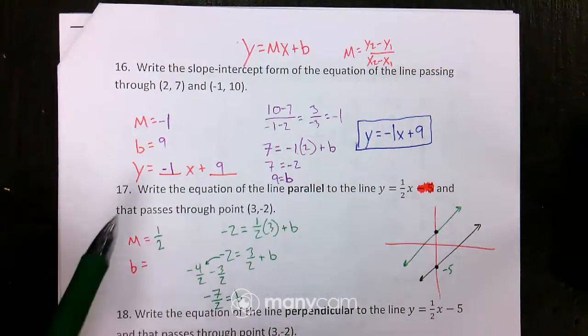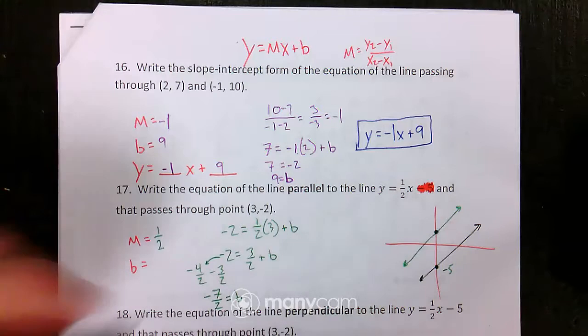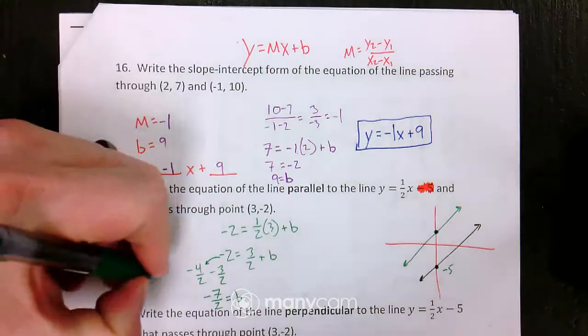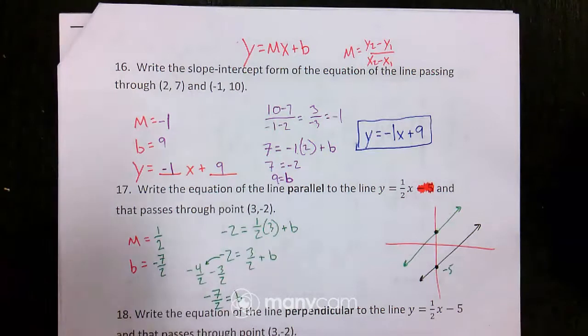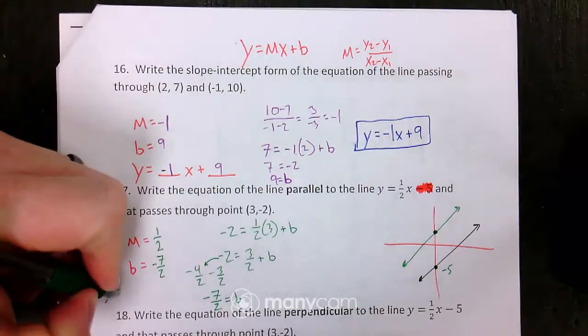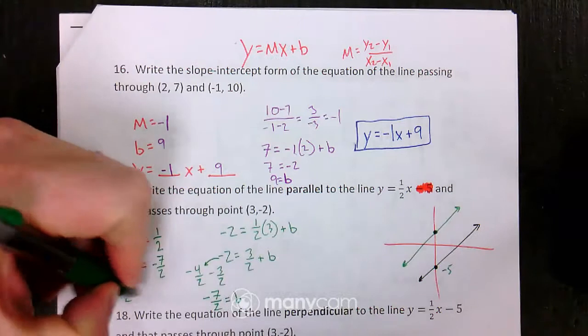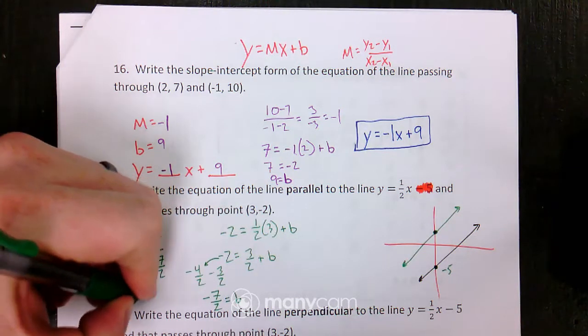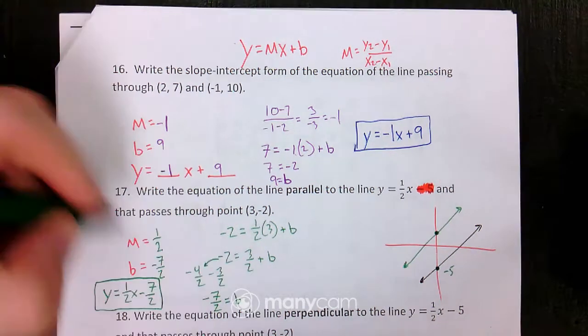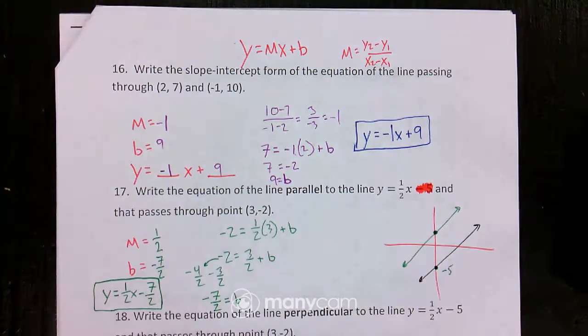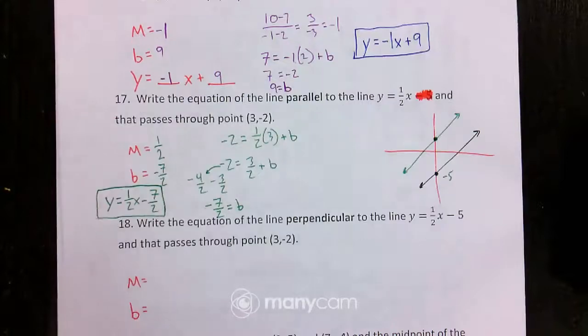And if that's confusing for you, practice subtracting your fractions. So b equals negative 7/2, but that is not my answer. Do not stop right here. Plug those in and say y equals 1/2 x minus 7/2. That is your answer. If you don't have that, you do not get credit for the answer being correct.